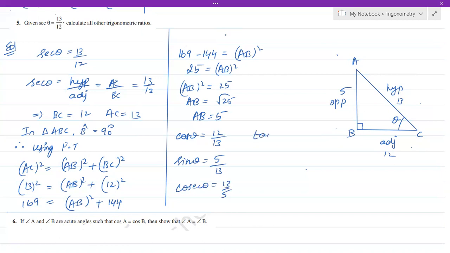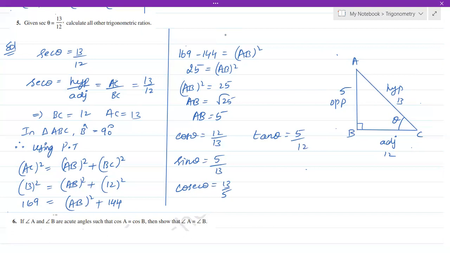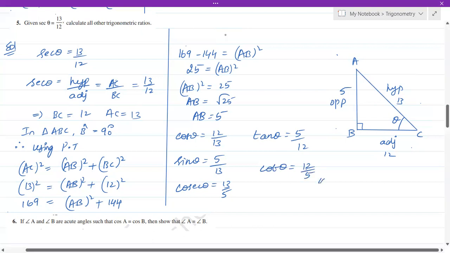Now you can also find tan theta. Tan theta is opposite by adjacent. Opposite is 5 units, adjacent is 12 units, so 5 by 12. If you know tan theta, you can easily find cot theta, the reciprocal, 12 by 5. So we have found all the ratios.